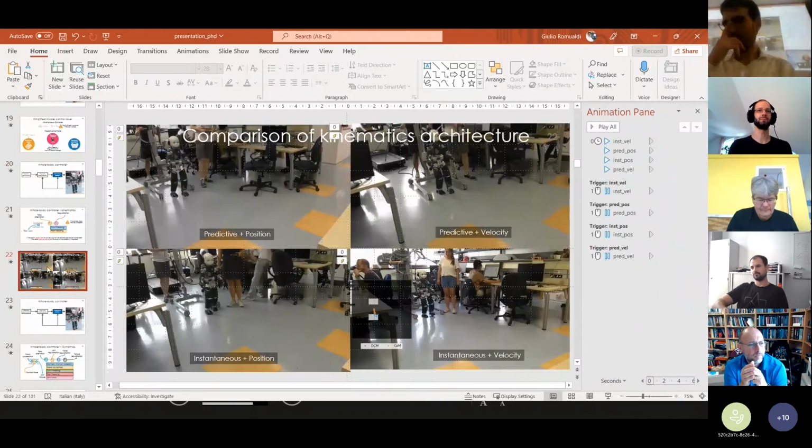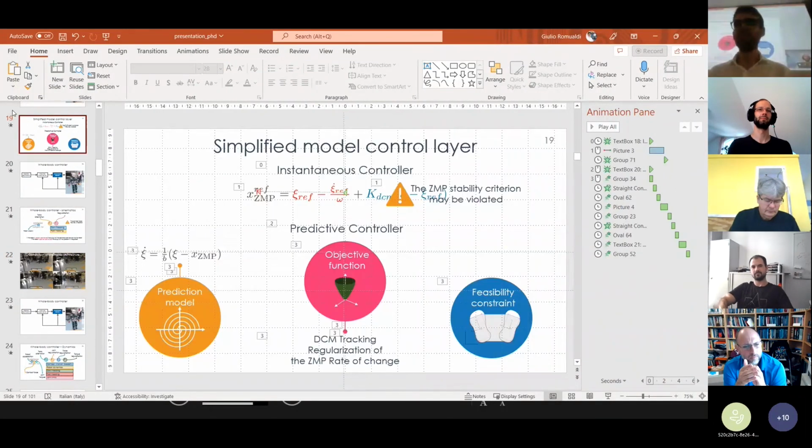So actually, I think it is mainly related to the cost function that we use. The MPC controller that we implemented here tries to regularize the rate of change of the ZMP. And so it seems that it is more sensitive to errors on the center of mass tracking.